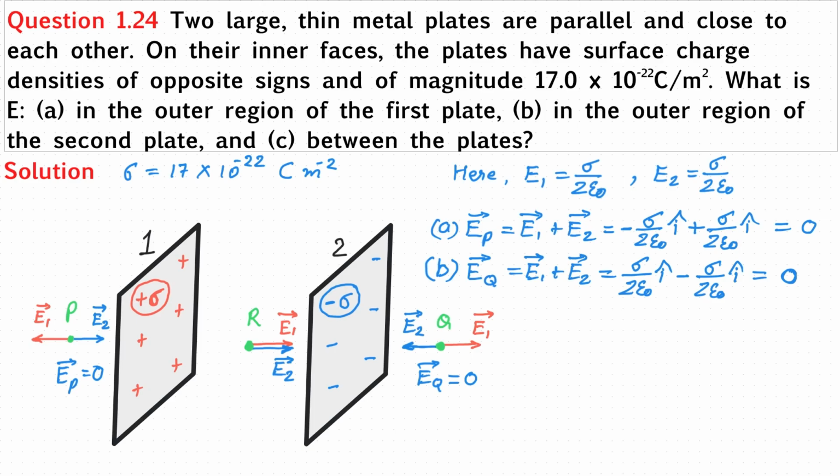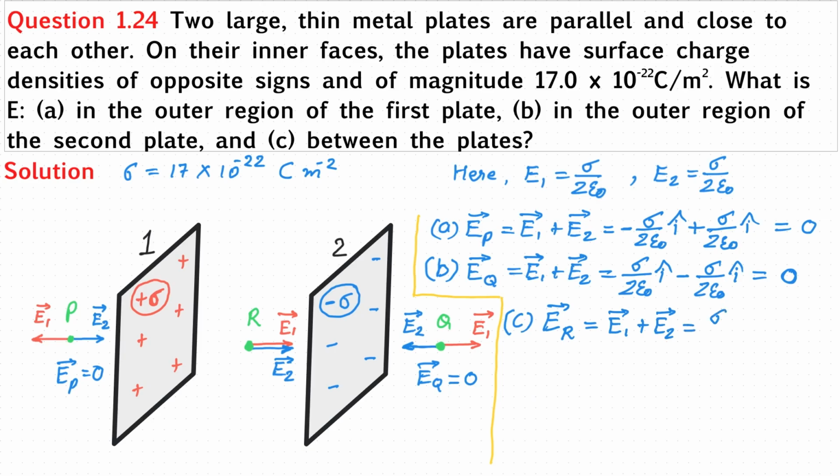Now let us move further for the third answer. In this case, we have to find out electric field between these two plates. So that is the third answer, and between these two plates, that means we have to find out electric field at point R. Let me call it like ER. Here also ER will be equal to vector E1 plus vector E2, and at this point R, you can see in the figure, both the electric fields are in positive x direction.